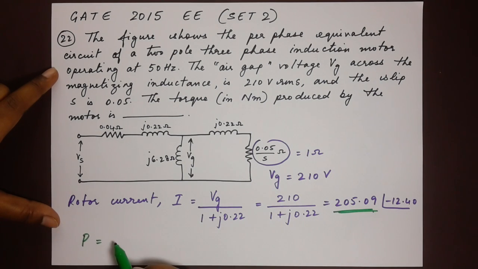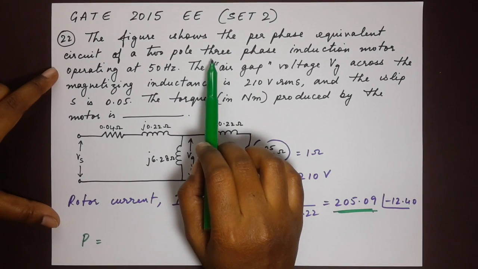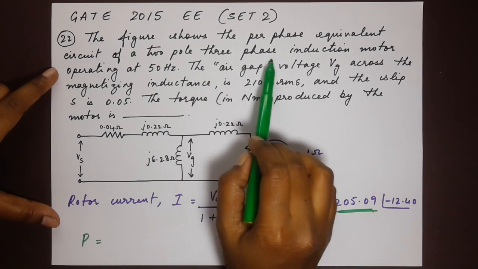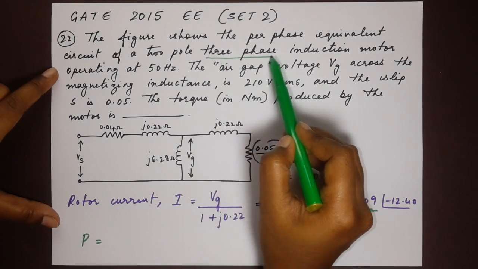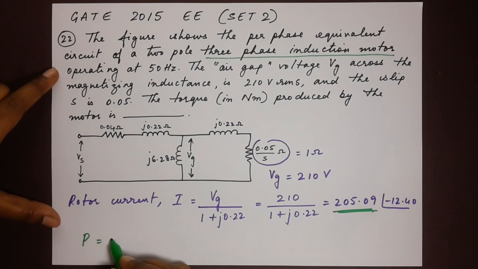Now here it shows that this is a two-pole three-phase induction motor. So our power is going to have a formula of 3I squared R. Now I is the magnitude of what we have just found, 205.09.